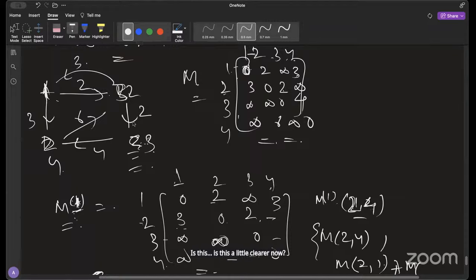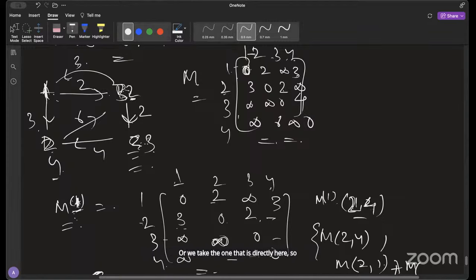So 2 to 4 will be 6, right? If you have to do 2 to 4, let's say 2 is here and 4 is here, you have to go via this, right? So this is 3, 2 to 1. First you'll go, and then you'll go 1 to 4. So this is 3 plus 3, 6. But either we take it from here or we take the one that is directly here.